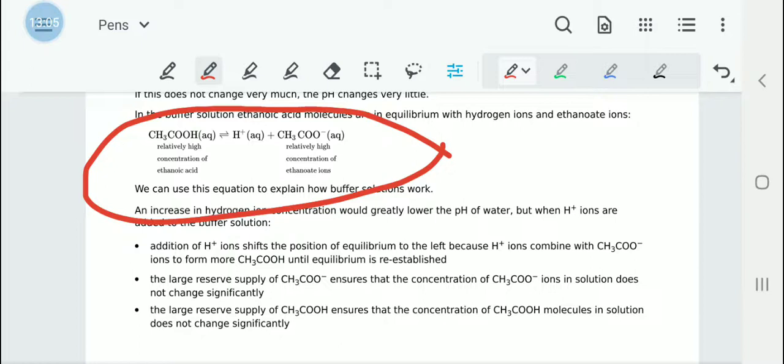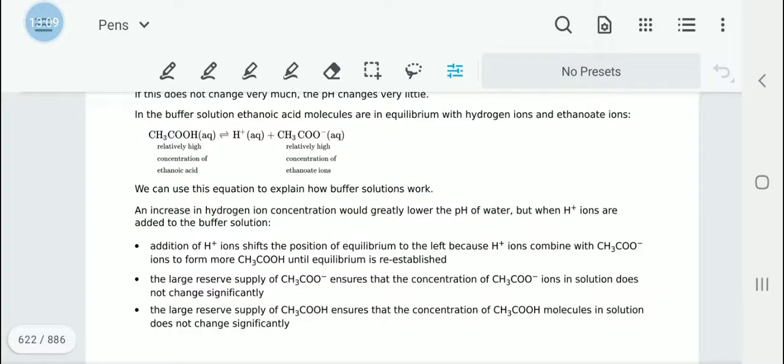Because of the large reserve supply of CH3COO-, both from the acid and sodium ethanoate, the CH3COO- concentration does not change significantly.